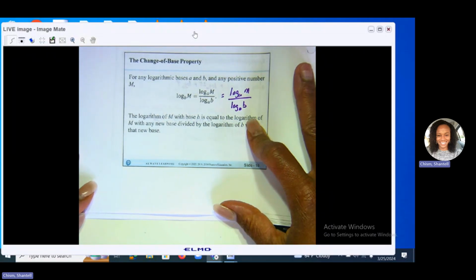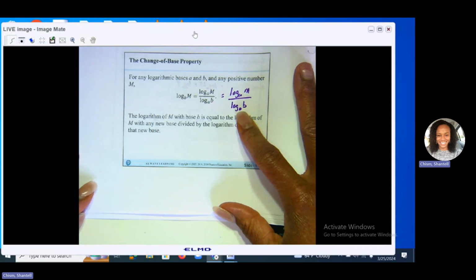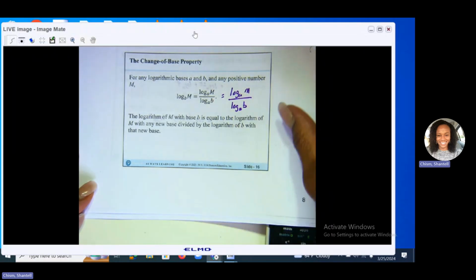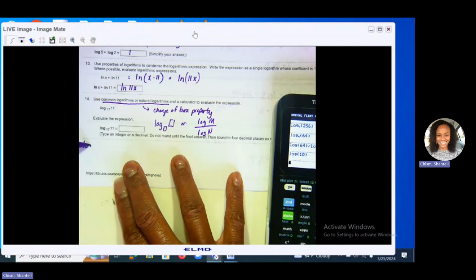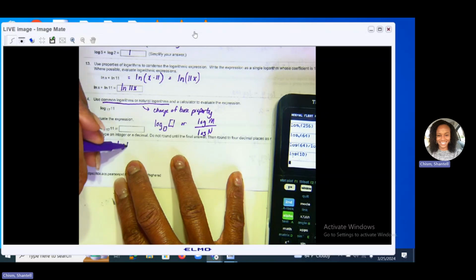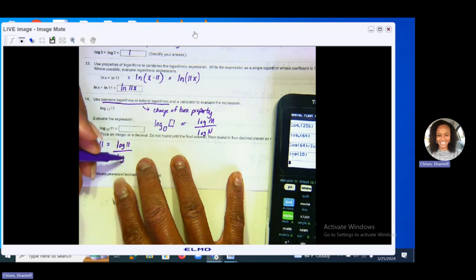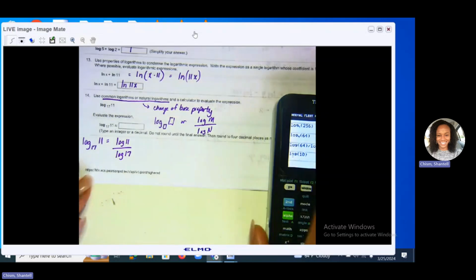So when you use base 10, the common log, you don't have to worry about putting in the base. The calculator assumes that it's base 10. So that's what I'm going to do here. I'm going to apply the change of base property. So log base 17 of 11 would be log of 11 divided by log of 17.